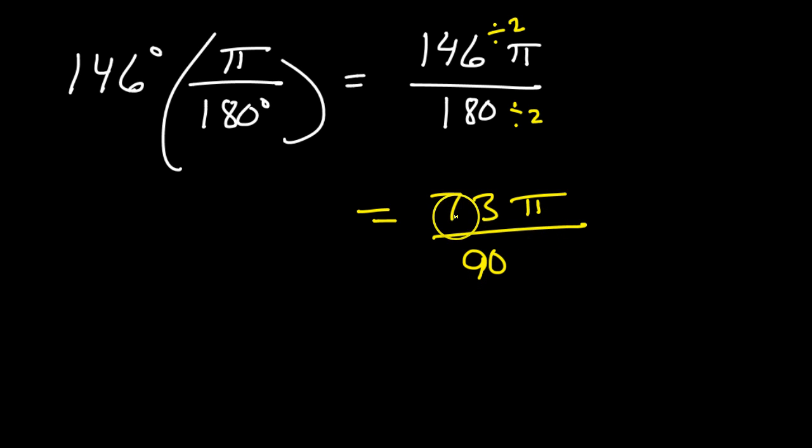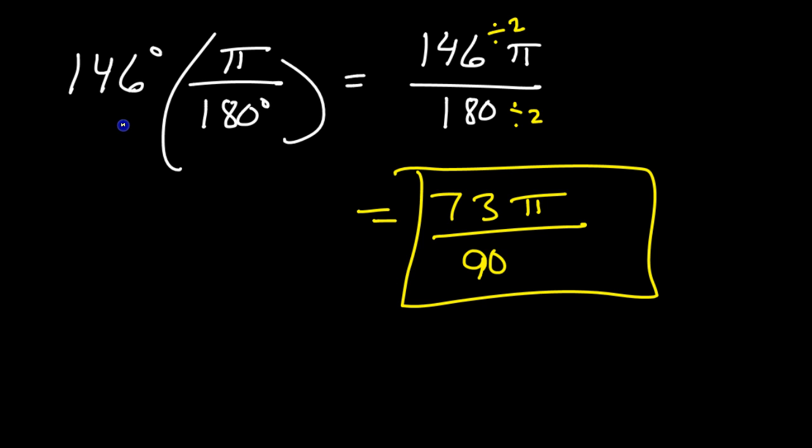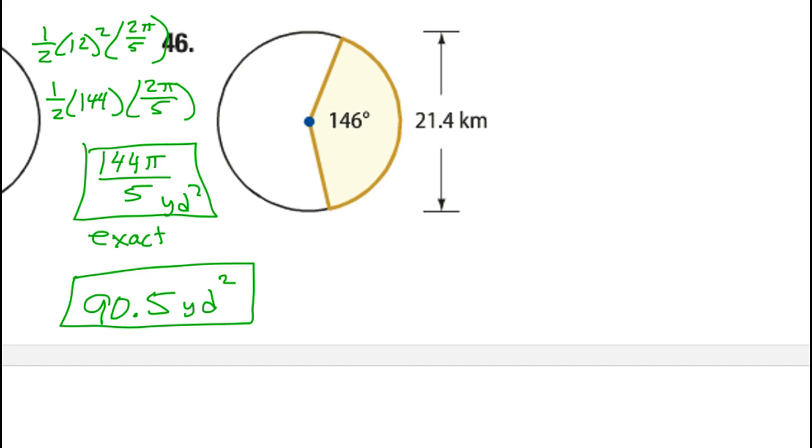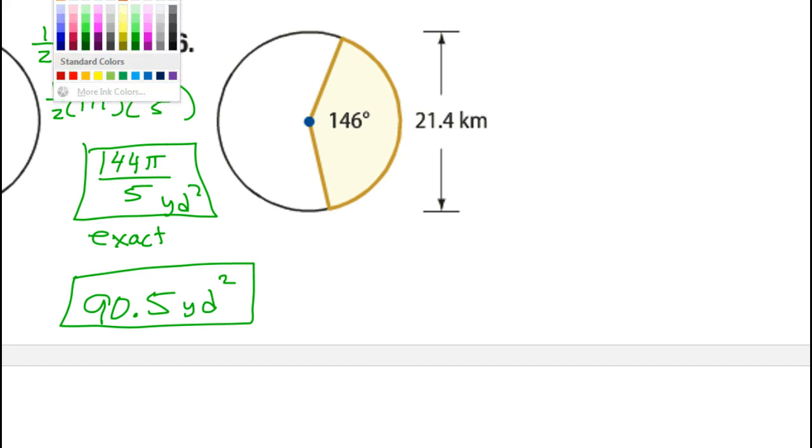I suspect that 73 is a prime number, so I think this is as far as we can go in terms of converting 146 degrees into radians: 73 pi over 90. So we're just going to have to do our best.